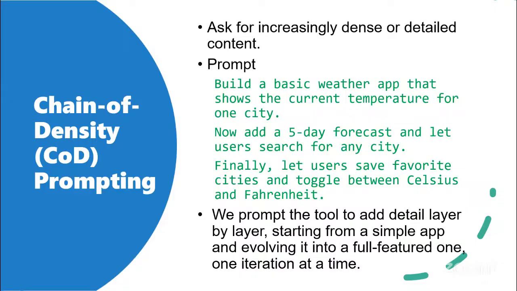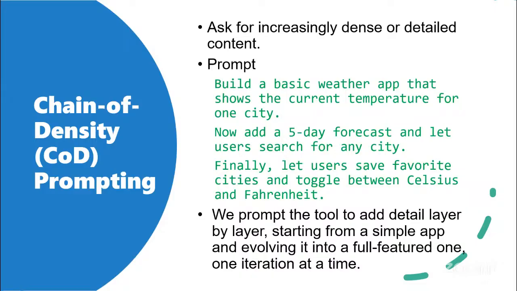Then you say, now I want you to take this module and start modifying it this way. Like you say, first, build a basic weather app that shows the current temperature for the city. Then you say, now add a 5-day forecast and let users search for any city. Then you can say, let users save their favorite cities and toggle between Celsius and Fahrenheit.